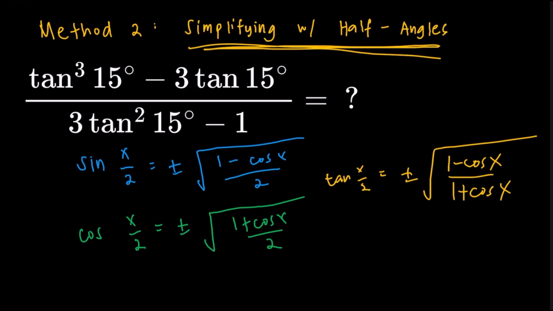Now, for us here, let's just square both sides. It eliminates the radical, and it eliminates the plus minus ambiguity. So I'll just have tangent squared of x over 2 equal to 1 minus cosine x divided by 1 plus cosine x.